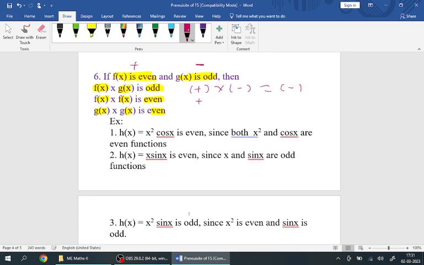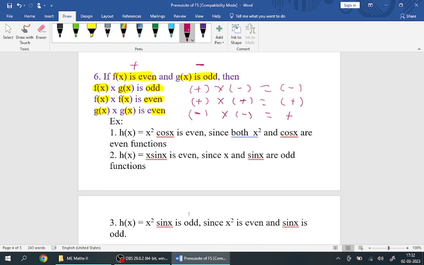Next, plus into plus is plus, that means even into even is even. But minus into minus is a plus, so odd into odd is even. So plus is like an even function and minus is like an odd function.